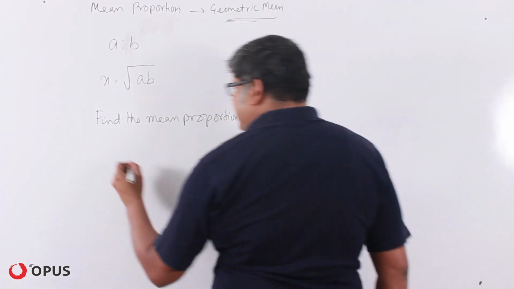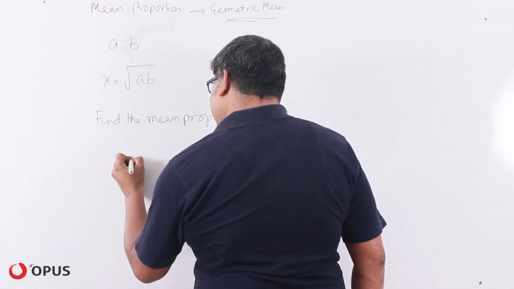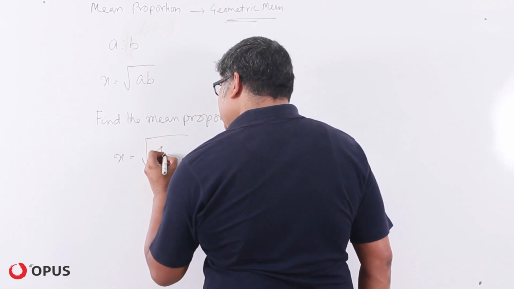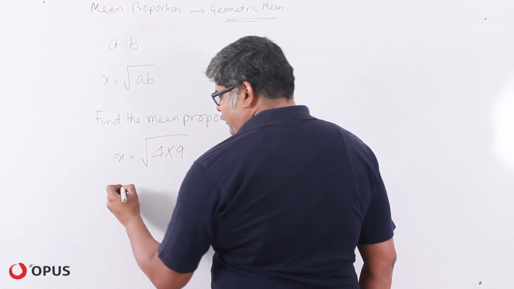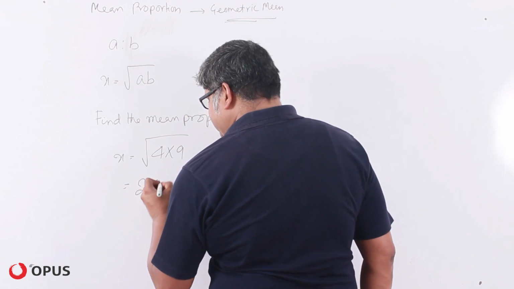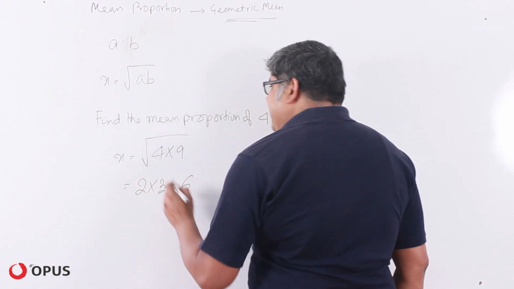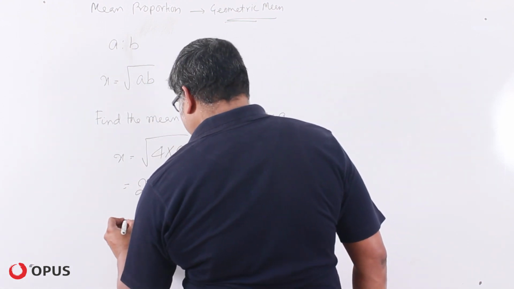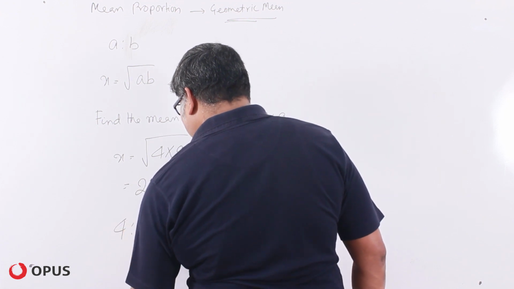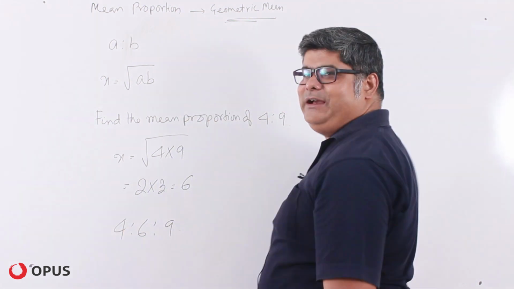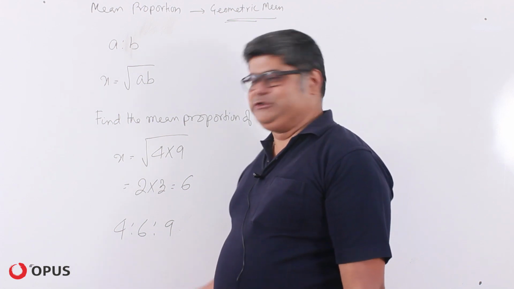So basically what will I do? The mean proportion x would be equal to root over 4 into 9. So basically I'm talking about 2 into 3. So the thing is 6. And we can easily write this as nothing but 4 is to 6 is to 9. Or it becomes a continued ratio or proportion. And this is the mean.